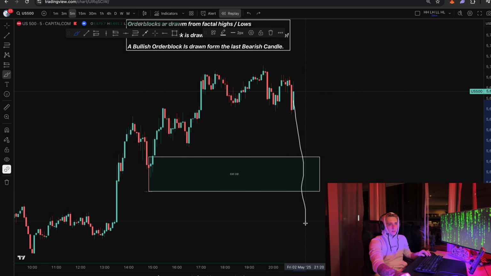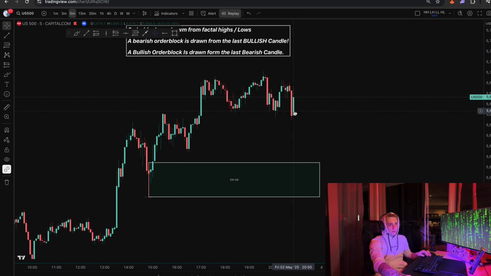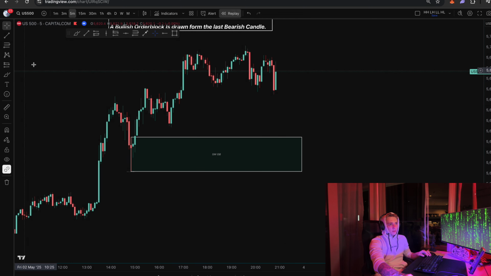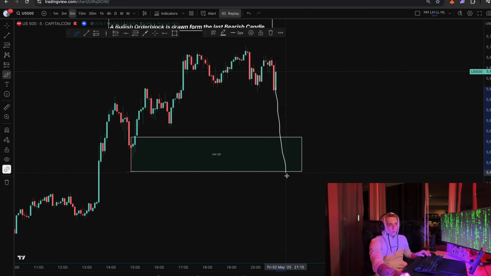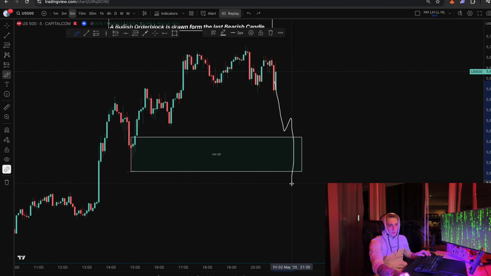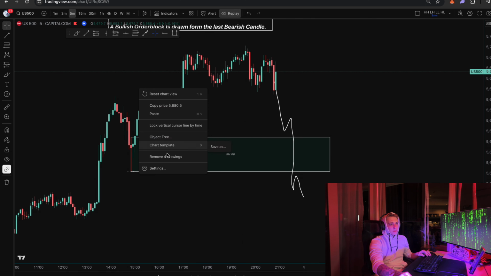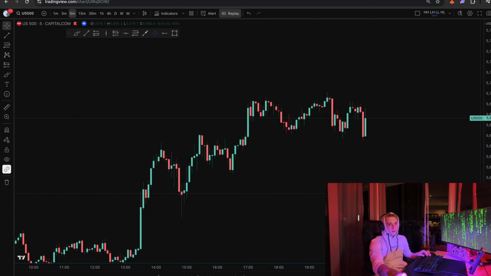If price breaks an order block, we then call it a breaker block. So if we see a full body closure, now what I mean by that is not a wick through and then wick up. No, we want to see candles break and close, and then we would class this as a breaker block. So I'll show you an example on the chart here now.